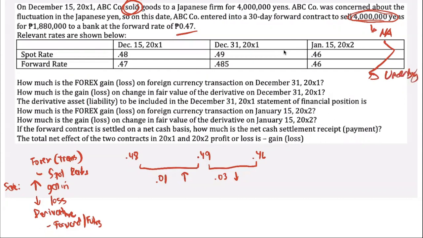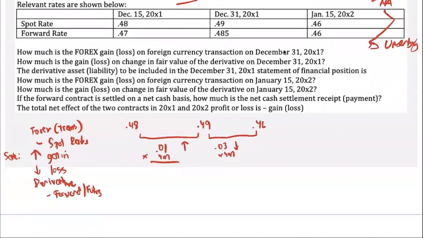So what is our notional amount? 4 million. So times 4 million. How much is for the first one? 0.01 times 4 million, 40,000. Since increase, we have a gain. This is a decrease. 0.03 times 4 million, we have 120,000 decrease.